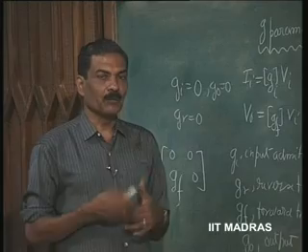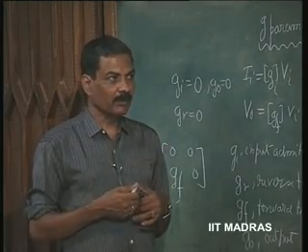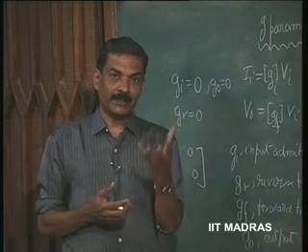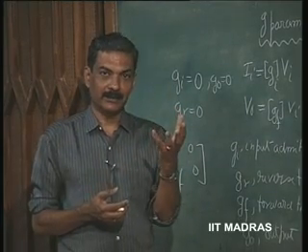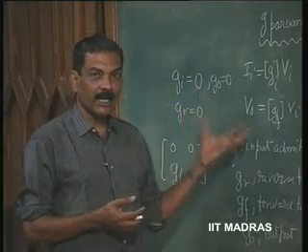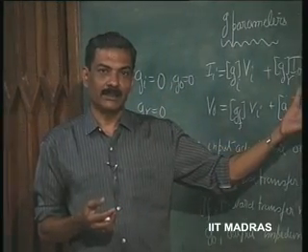And most of our designs will be spending time on how to put these various practical devices like transistors available to us in such a manner as to design these characteristics for these circuits.